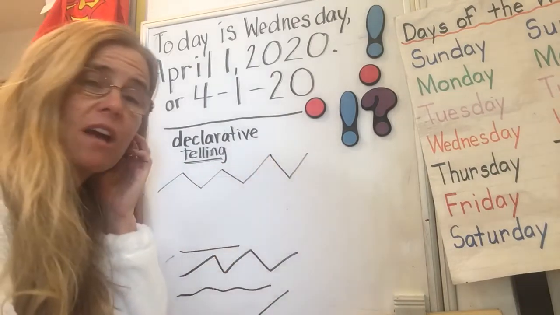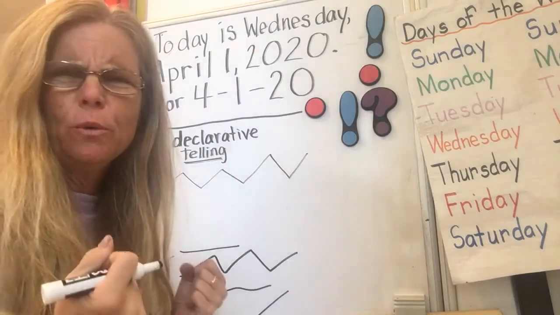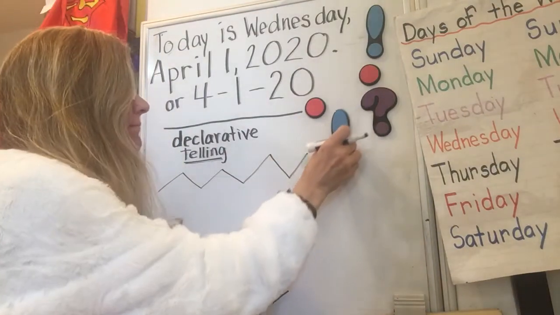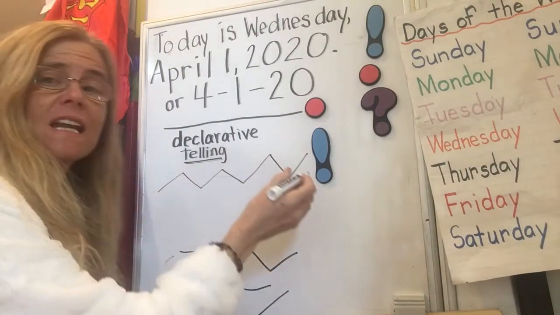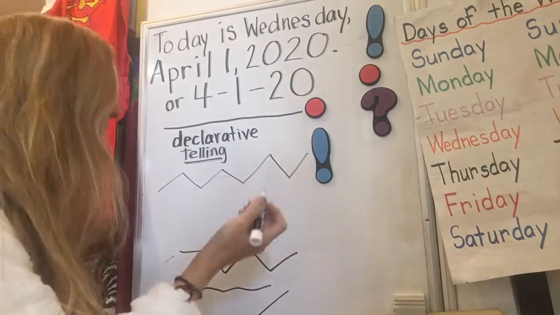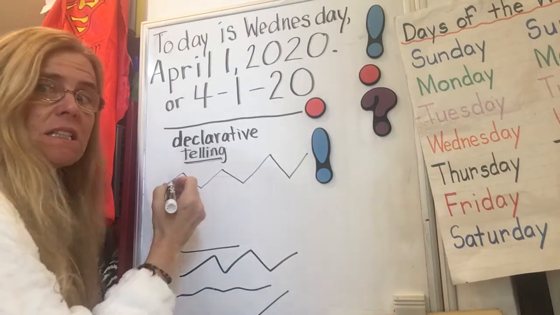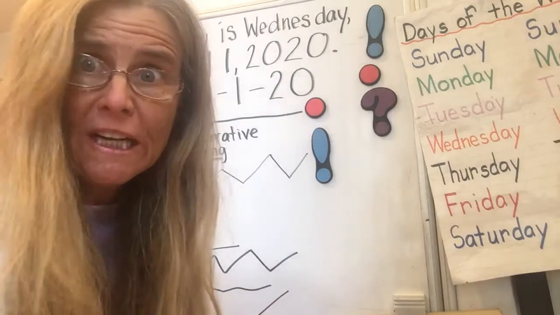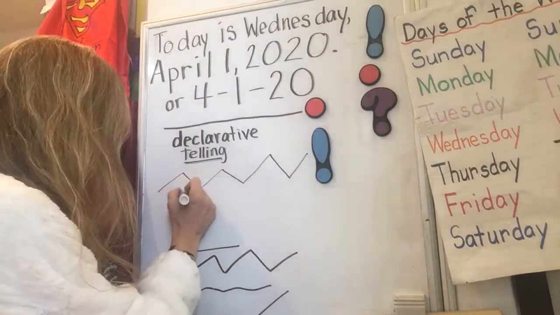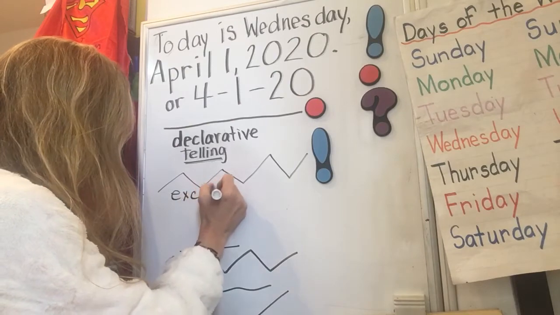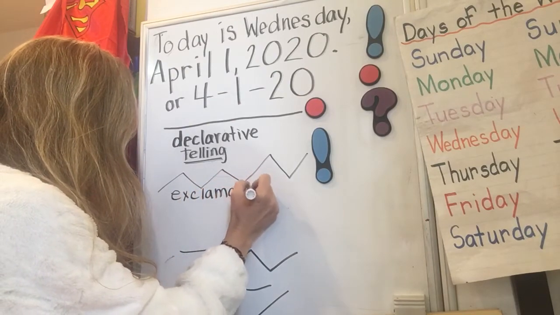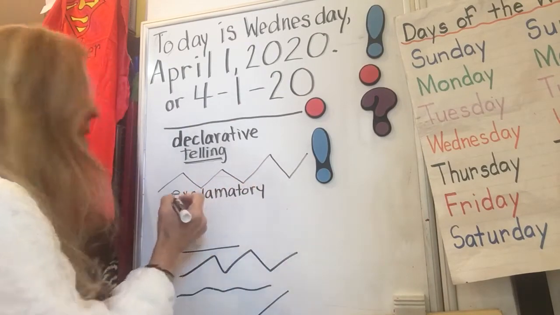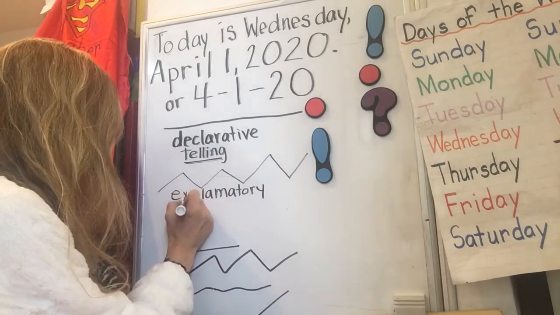The next one is pretty strong. Your voice could go up or down at the end, but it's really, really strong. It uses an exclamation point because it is exclamatory. You're exclaiming something. This is kind of a yelling sentence.